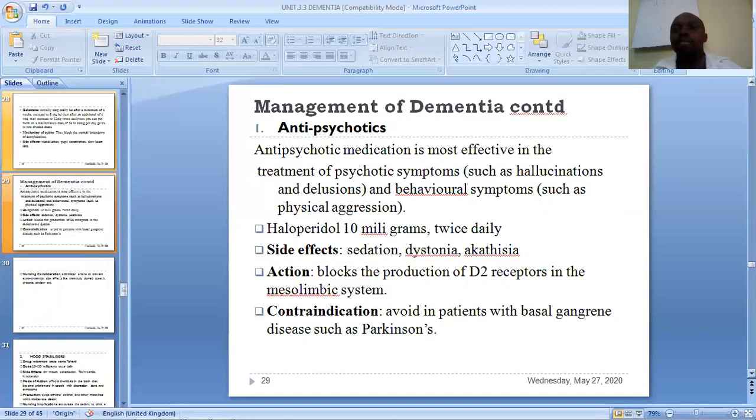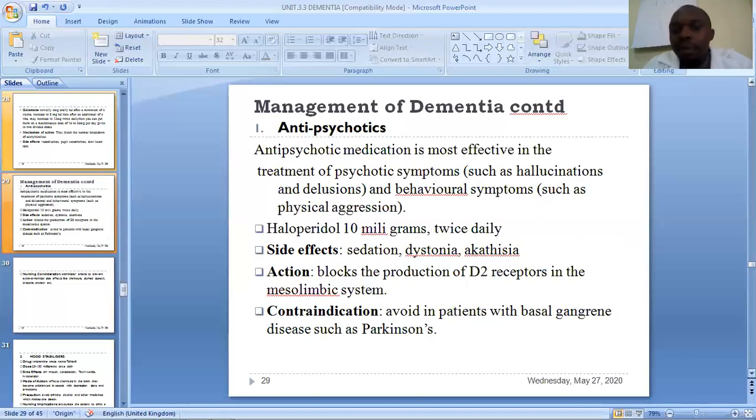Antipsychotic medication is most effective in the treatment of psychotic symptoms, which I've just mentioned. So a drug that we can use there is haloperidol, 10 milligrams BD or twice daily. Side effects, you have sedation, dystonia, akathisia.